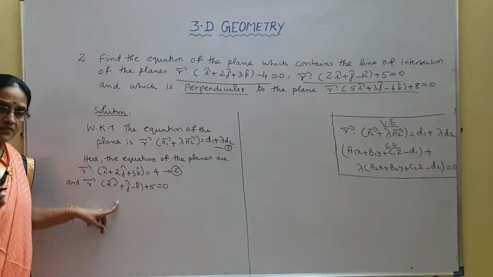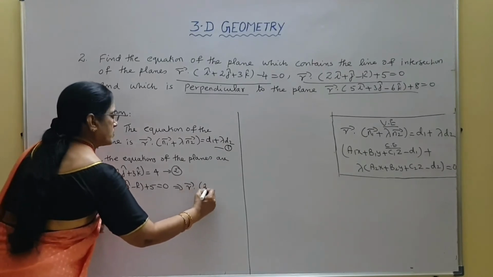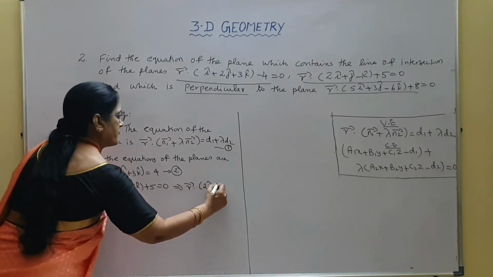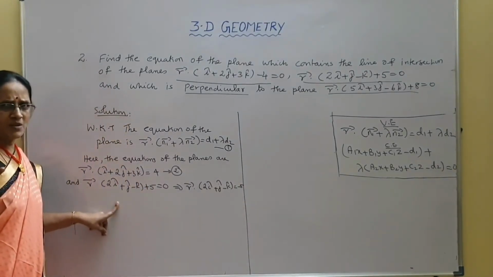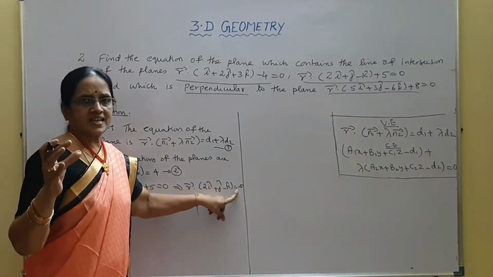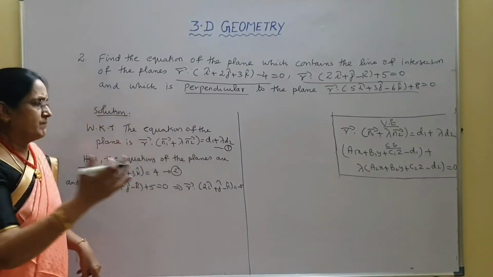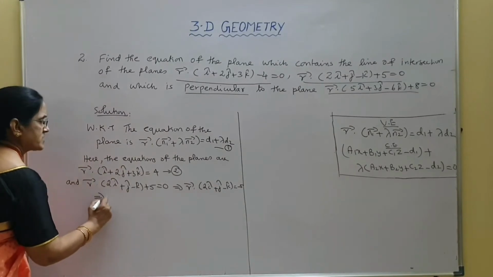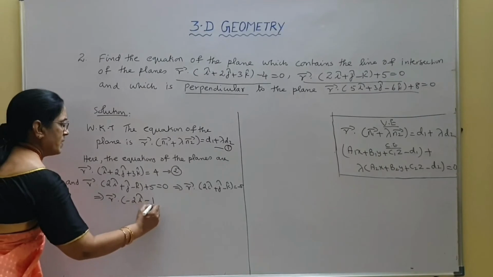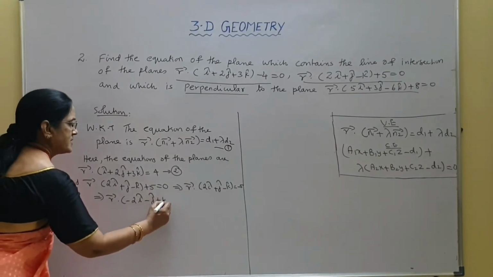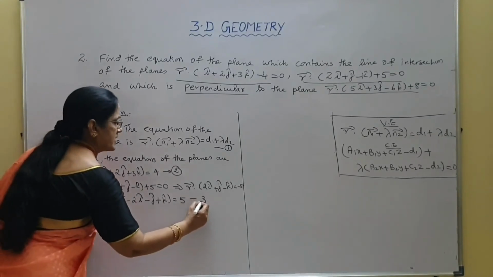I can write this equation as vector r dot (2i cap plus j cap minus k cap) equal to minus 5. As I told you, normally we don't leave the distance in negative. So let us multiply throughout by minus 1. We will be getting vector r dot (minus 2i cap minus j cap plus k cap) equal to 5. Let me name this equation as 3.